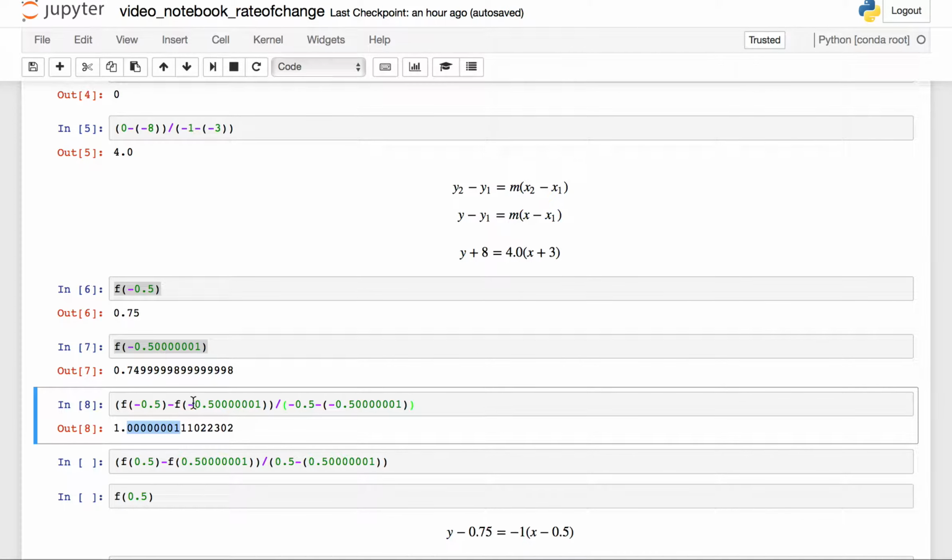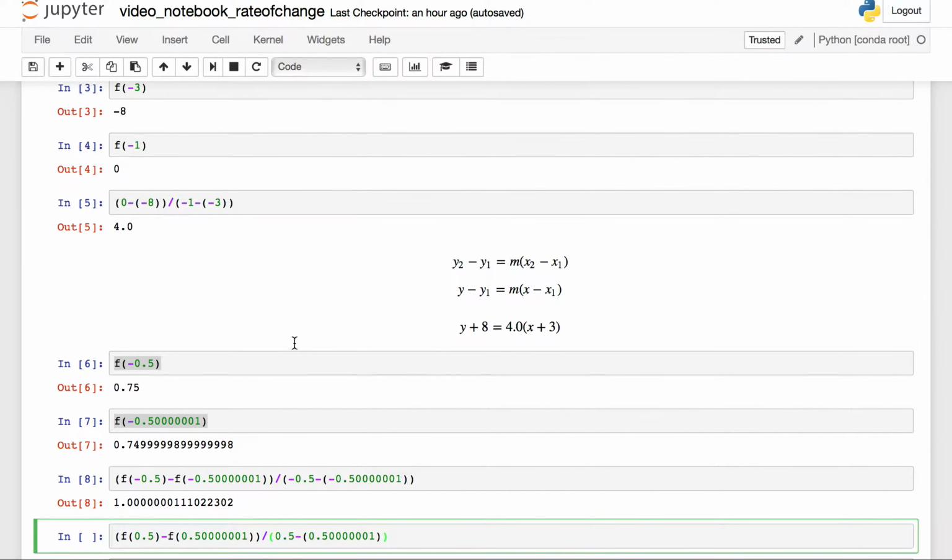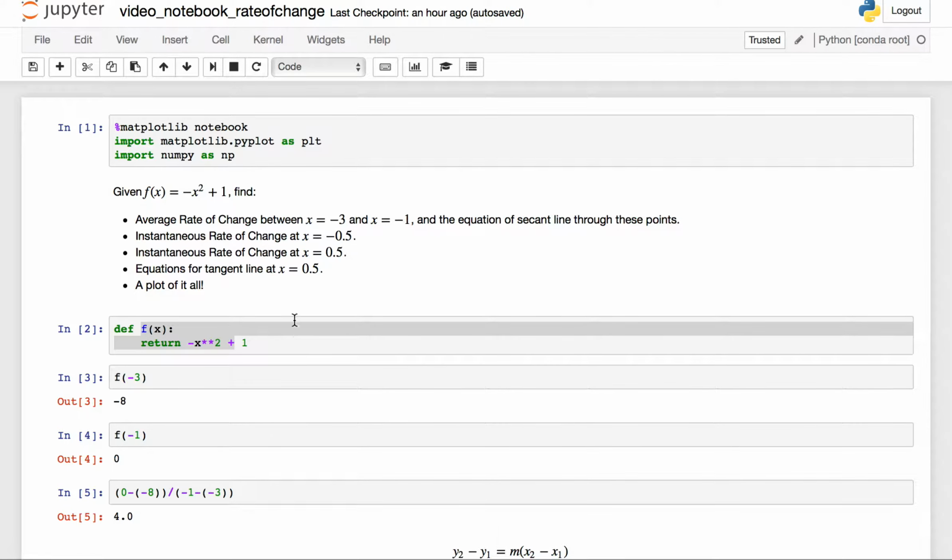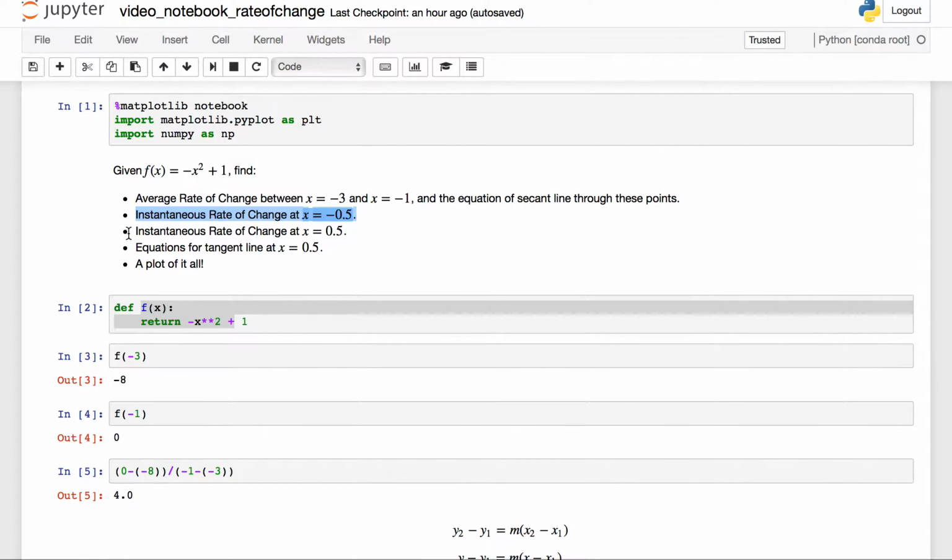If I wanted to, I could check a point just this much to the left, on the other side, so negative 0.49 with a bunch of 9s after it, and I imagine that what I would get is another number that's very close to 1. So there's our approximation for the instantaneous rate of change. It's going to be 1.